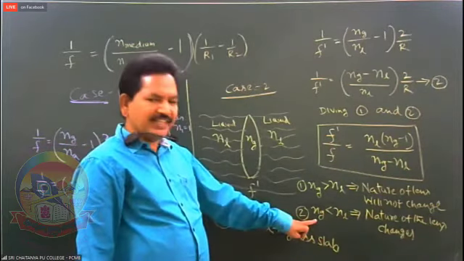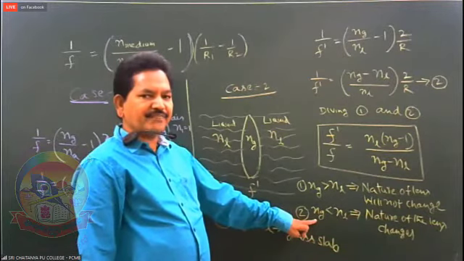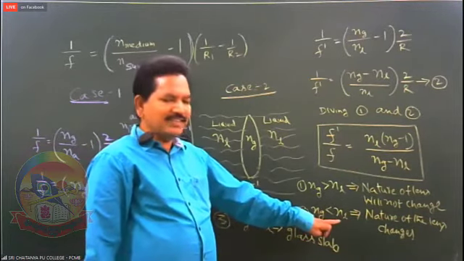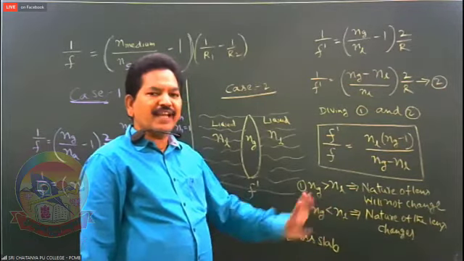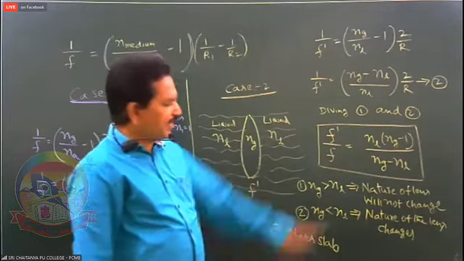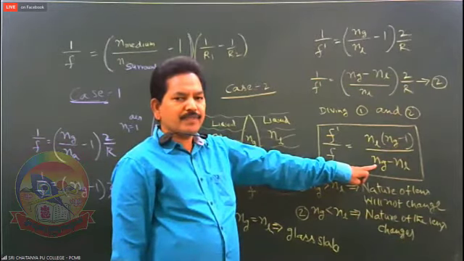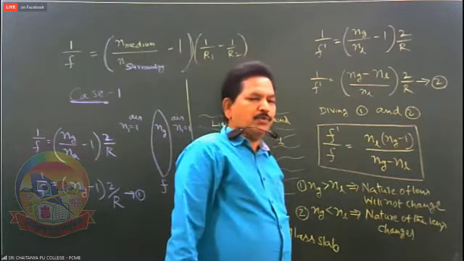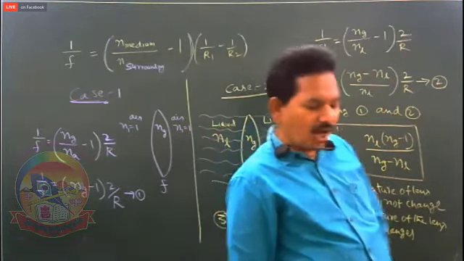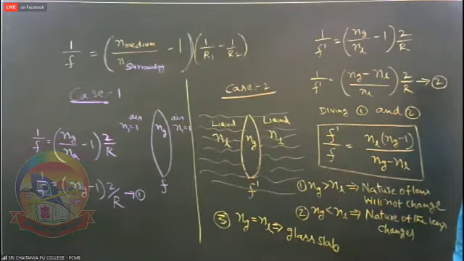If Ng is less than NL, the refractive index of the glass is less than that of the liquid, and the nature of the lens changes, because here we will get a negative sign. So a convex lens will behave as concave, and a concave lens behaves as a convex when dipped inside the liquid.